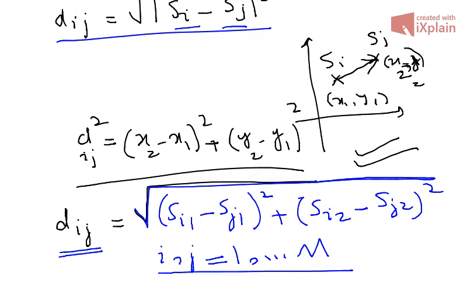You can find it if you know si1, sj1, si2, sj2.